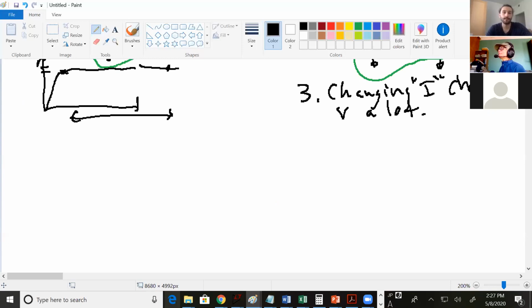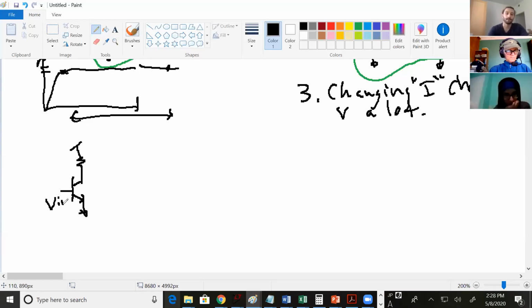Let's go back. No pen. Still no pen. Okay. So if we have this circuit, it could be a MOSFET or a BJT. I'm drawing it as a BJT. V out. The transistor generates the current.